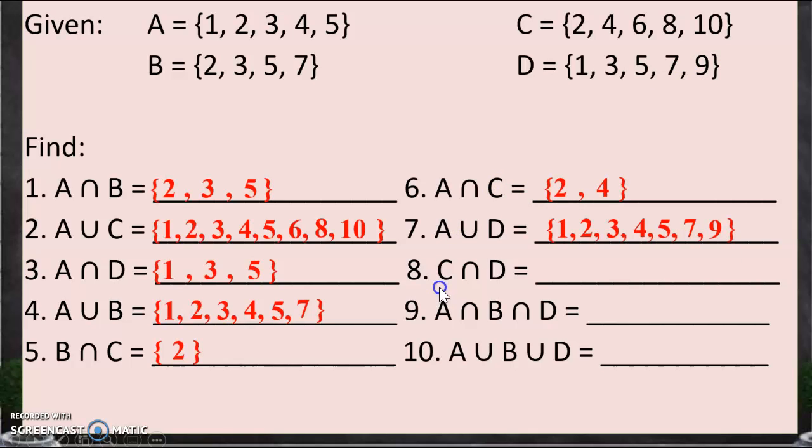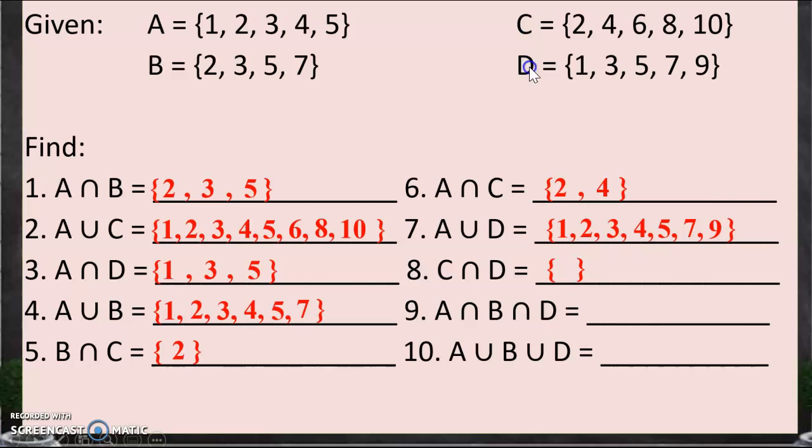Next, number 8, intersection. So C intersect B, common elements. So it is an empty set because there is no common element between C and B. So it is an empty set, or we can say that they are disjoint sets.